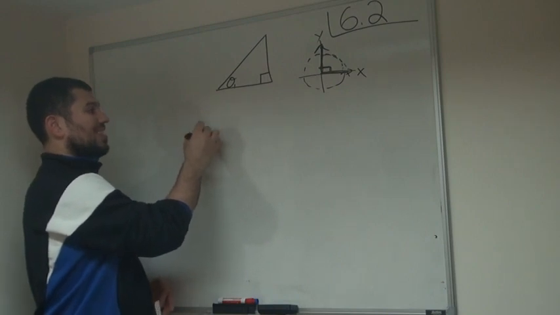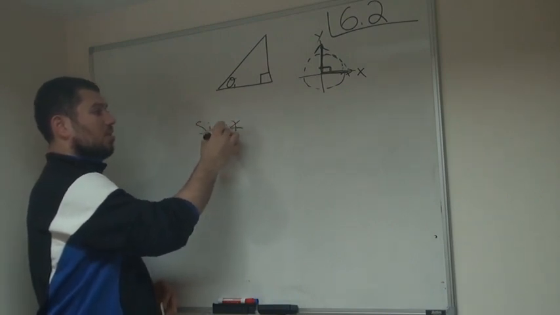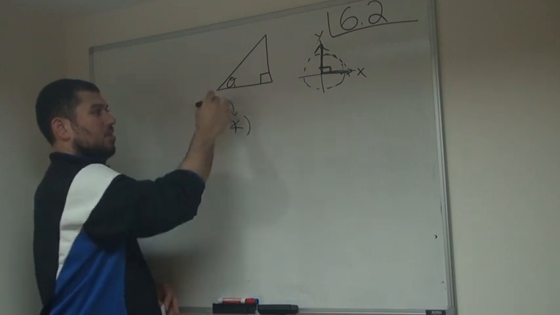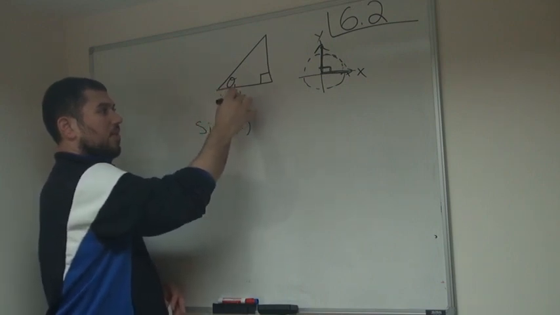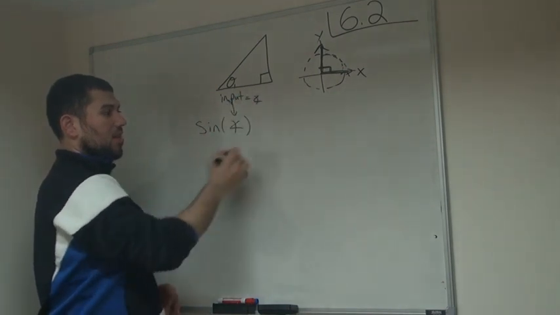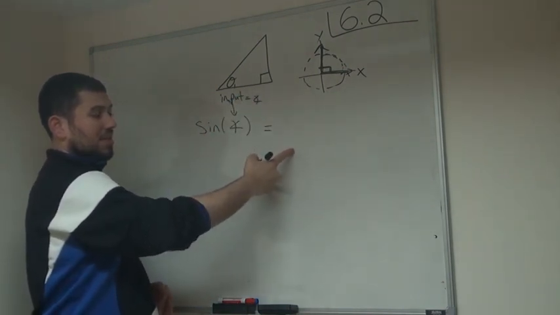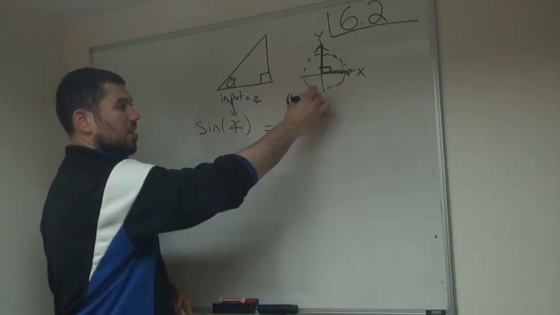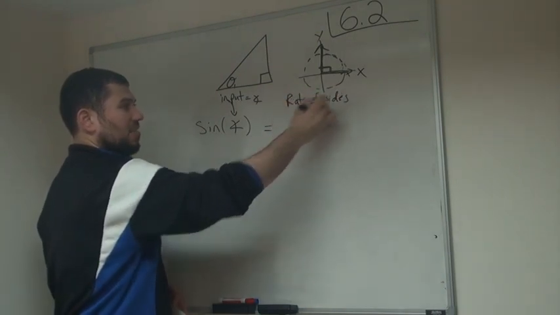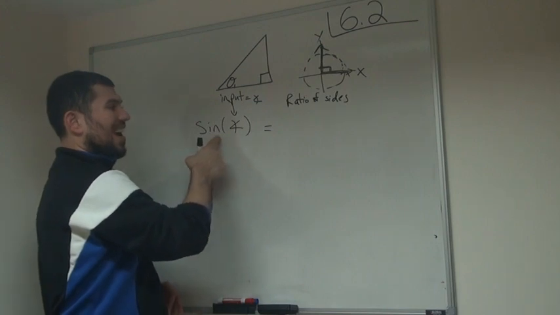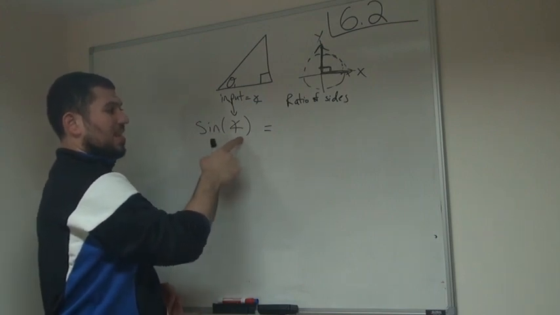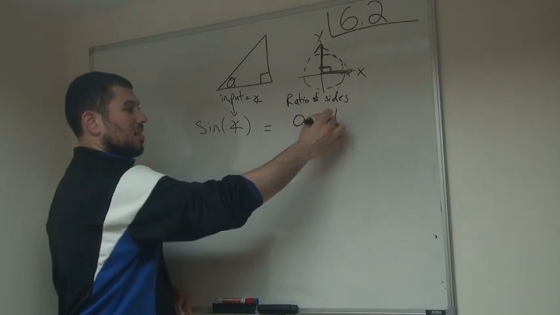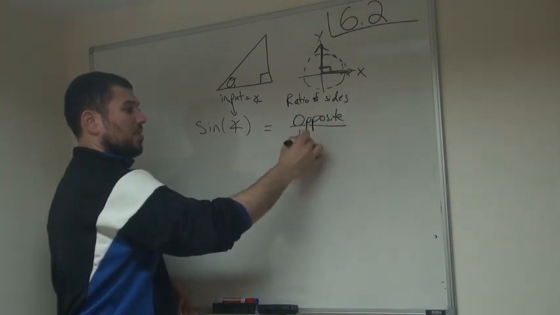If I take the sine of an angle, the input to this rule is an angle measure. The output is going to be a ratio of sides, or a comparison of sides. The sine of an angle is going to be the opposite side over the hypotenuse.